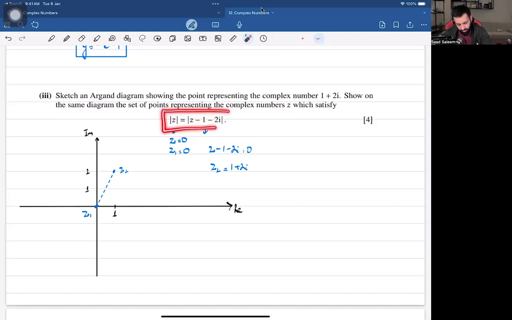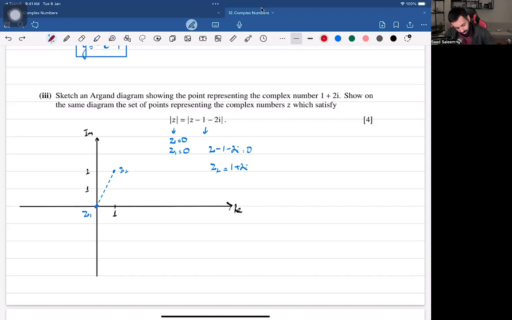Let's use a different color so it can be clearly seen. The perpendicular bisector should be perpendicular to the two points. Imagine that there's an imaginary line drawn between the two. It should be perpendicular to that line and it should be passing through the midpoint.